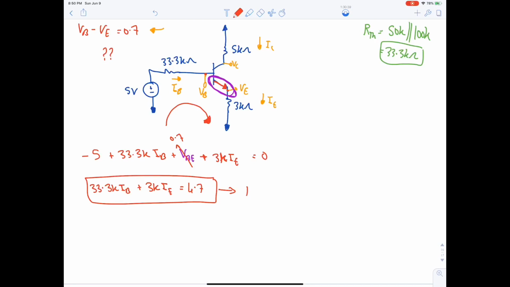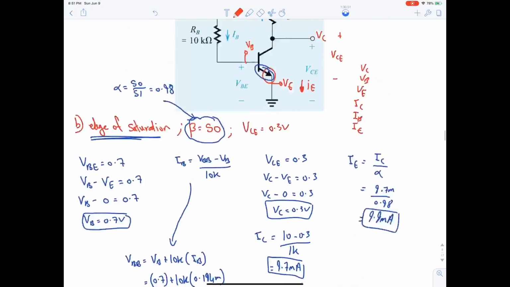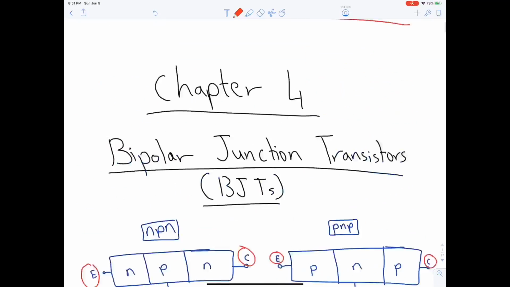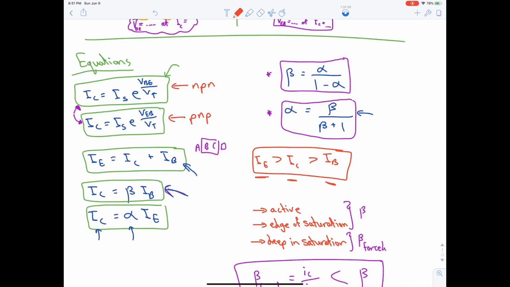You have one equation and two unknowns. So we need to find another equation that relates IB with IE. Do we have an equation that has both IB and IE without introducing a new variable?